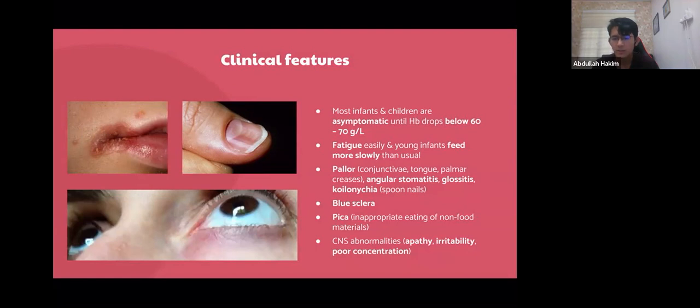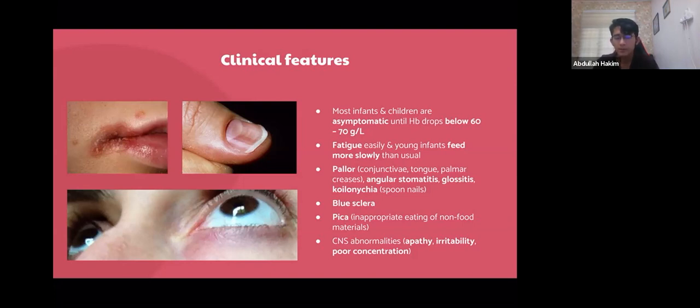Angular stomatitis, you can see at the top left picture at the mouth, the angular stomatitis, glossitis, the inflammation of the tongue, and also koilonychia, which is spoon nails. You can see at the picture at the top right. We can also observe for blue sclera. You can see at the picture at the bottom.